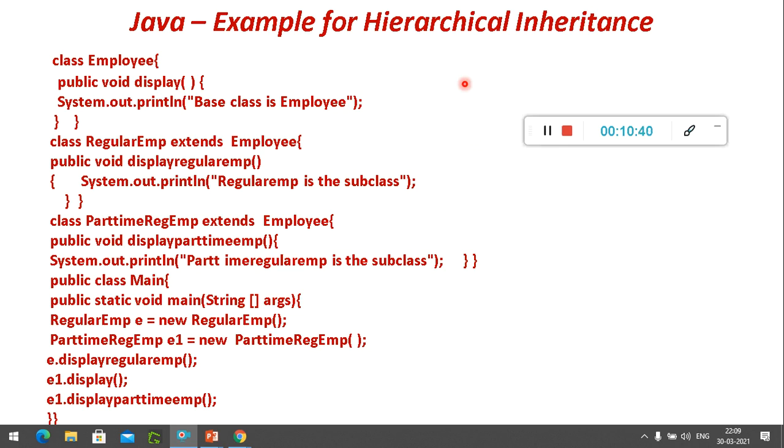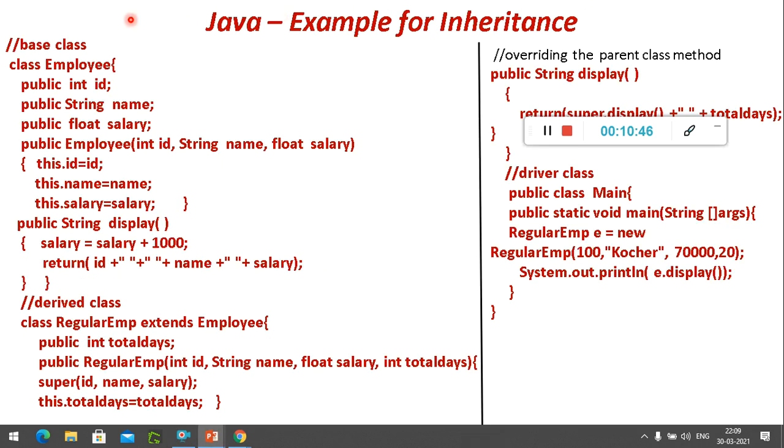Now we discuss one more example. This is an example of inheritance. The name of the base class is employee, and we declare the variables ID, name, salary. The ID is of type integer, name is string, salary is float. And here we define the constructor.